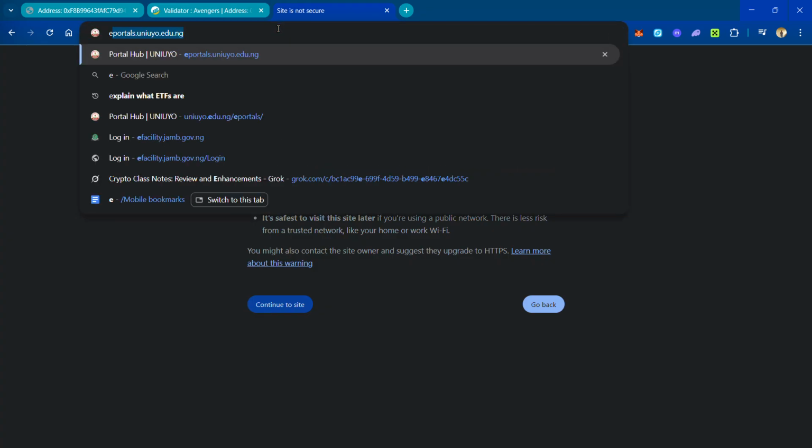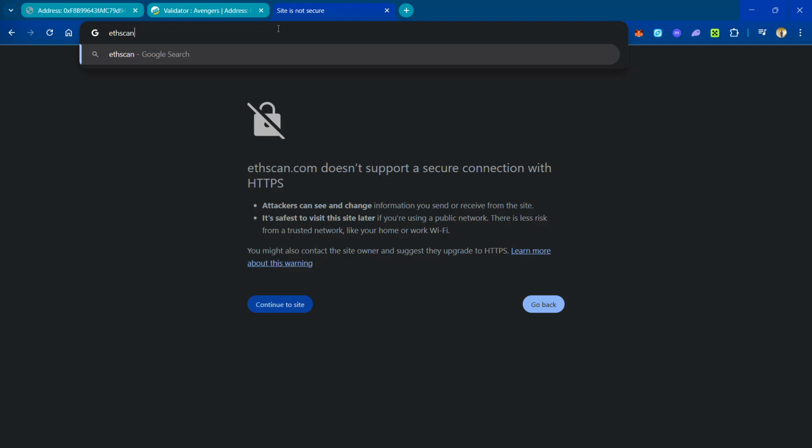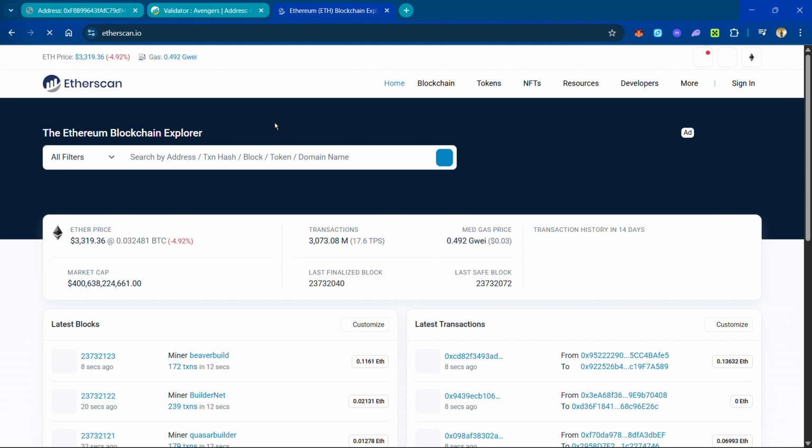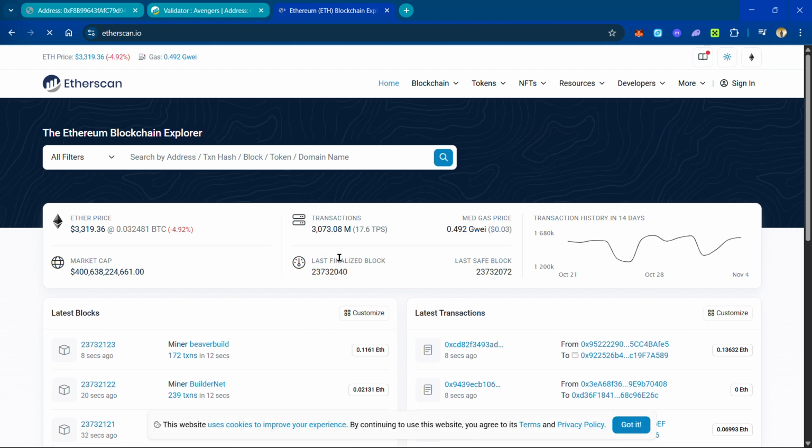I'm getting this wrong. Sorry. Oh, it's correct now. Okay, so this is the Ethereum blockchain explorer.